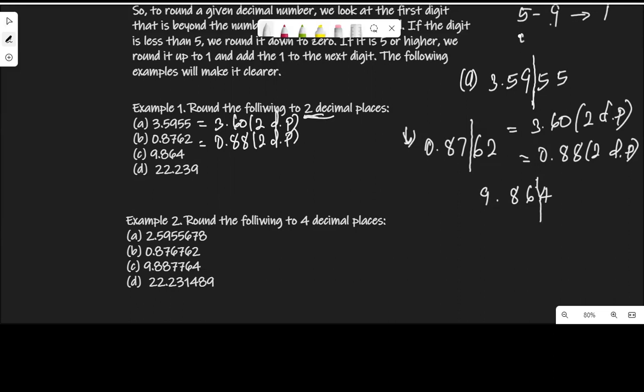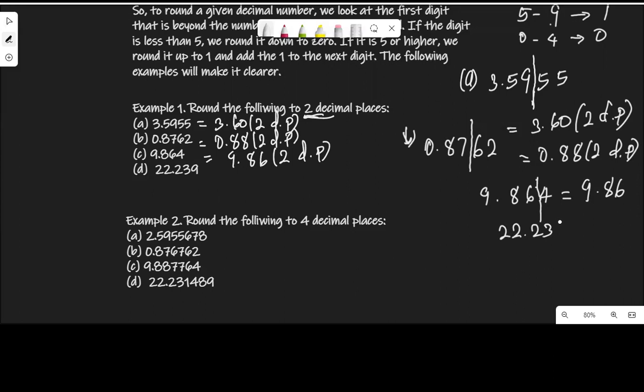Recall that numbers from 0 to 4 round to 0. So 0 plus 6 is still 6. So this number to two decimal places is 9.86, two decimal places.